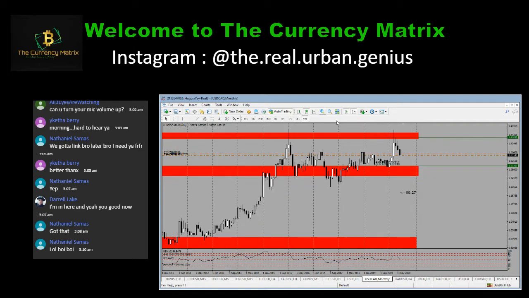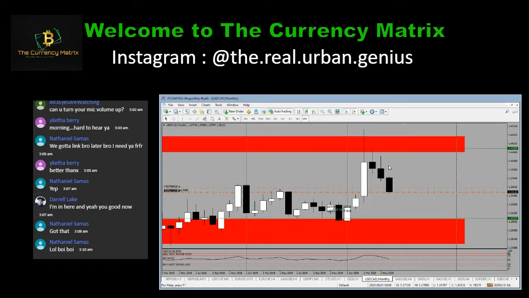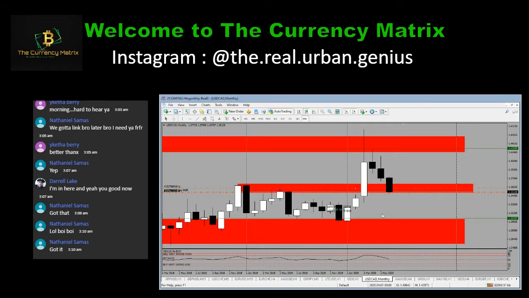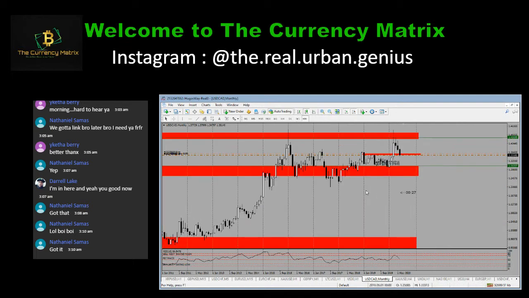Now from here, look, if you look right here at this monthly candle, based on this price action, we should definitely even be coming back up anyway. It looks like USD CAD has actually found support right here on the daily. But we'll see exactly what that is once we get down to the daily chart. All right, but for right now, this is what we've got.